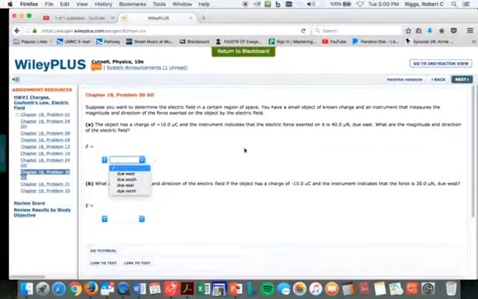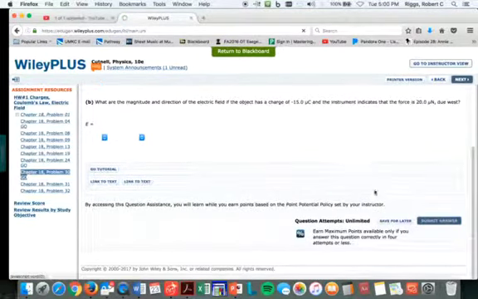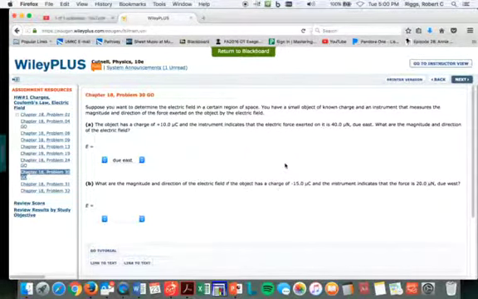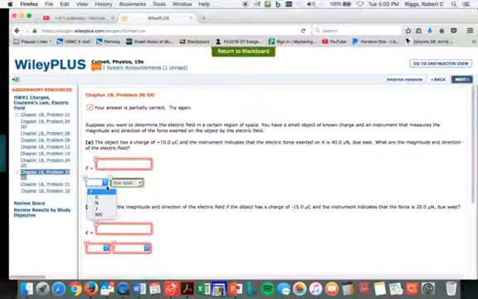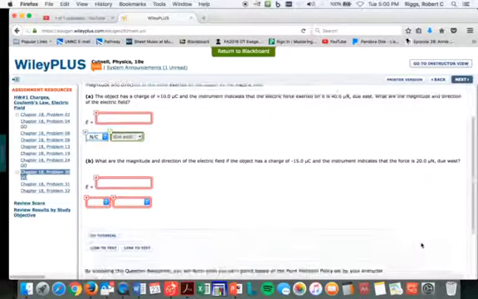I said that this one was due east. I hope that's right. I'm going to submit. At least we'll get that one right. Yeah, so that one's correct. I didn't put in any of the forces. And electric field, what is it? Newtons per coulomb. So let's at least do that part.